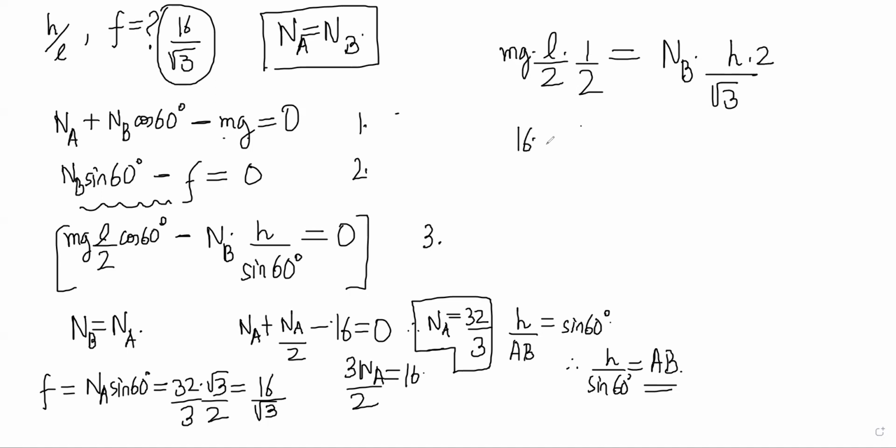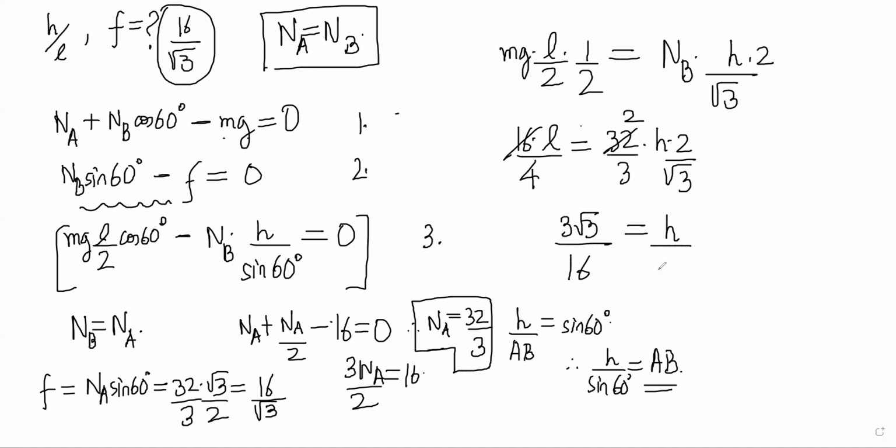Mg is 16, so L by 4 is equal to NB. NB is equal to Na is equal to 32 by 3. So 32 by 3 H into 2 by root 3, right? So this gets cancelled here and you get 3 root 3 by 16 is equal to H by L.